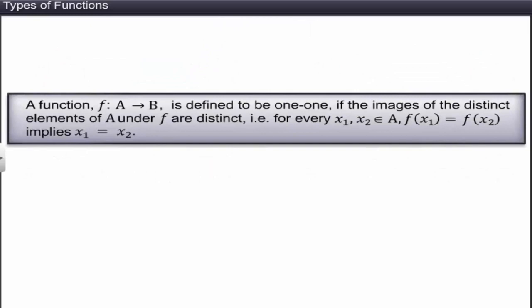Let us define it mathematically now. A function f from A to B is said to be 1-1 if the images of the distinct elements of A under f are distinct. That is, for every x1 and x2 in the domain of f, f(x1) = f(x2) implies that x1 = x2.